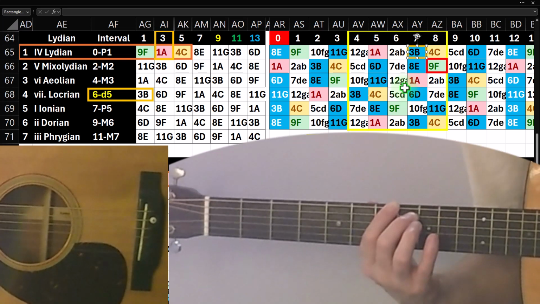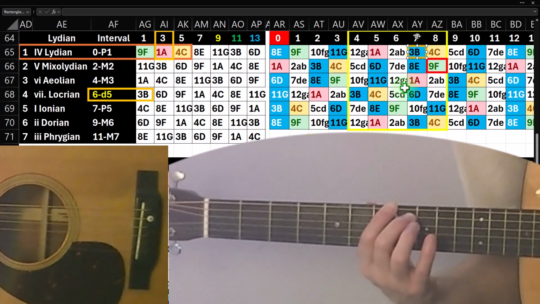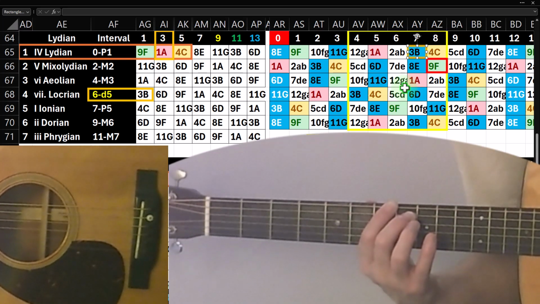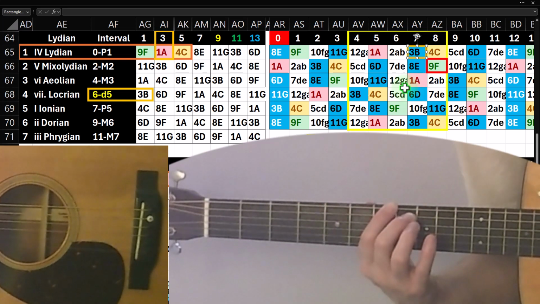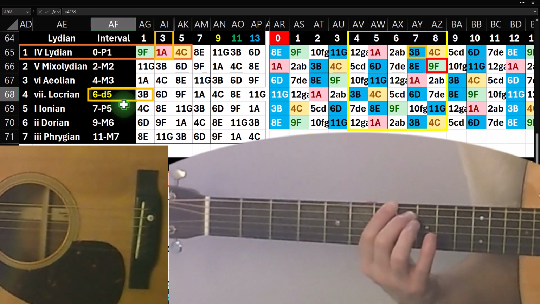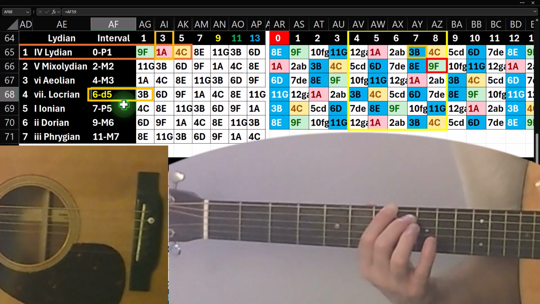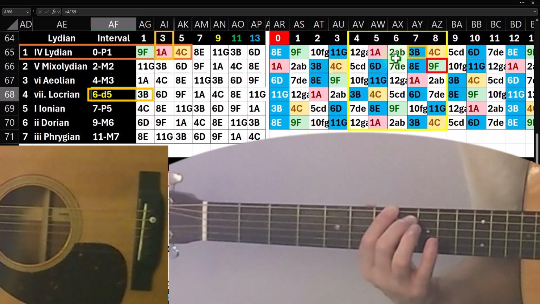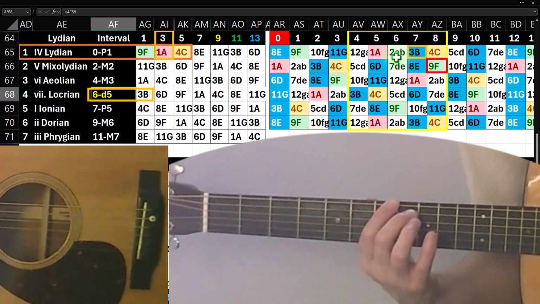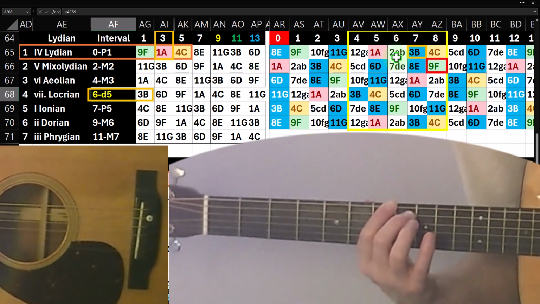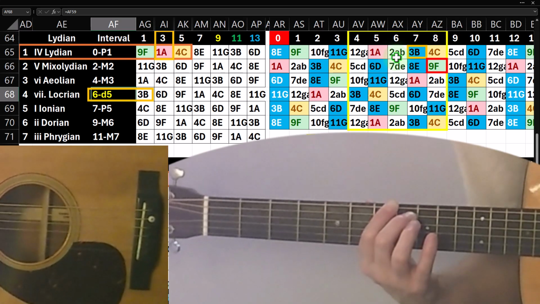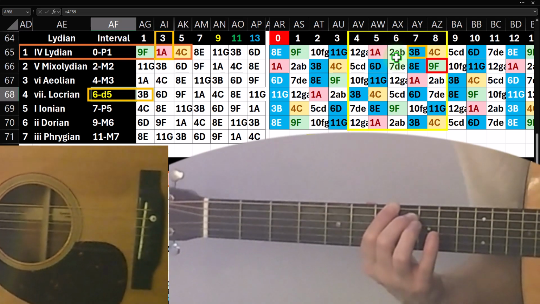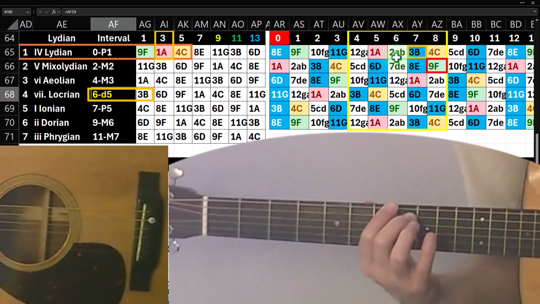So it gives you that tensiony sound. If we wanted to convert from a Lydian to a major, all we have to do is not pick up the augmented fourth, which pushed it up 1. We'd push it back 1, and that would change the whole shape, just by that one note, to an F major. So that's one of the ways that you can pivot between these shapes.